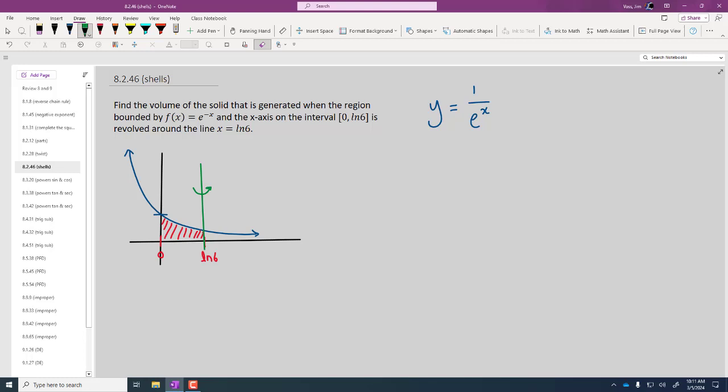So now we're told in the problem that we're going to use shells, but hopefully when you look at that region and envision it being rotated around natural log of 6, that's the natural choice. Because this region here is not horizontally simple.